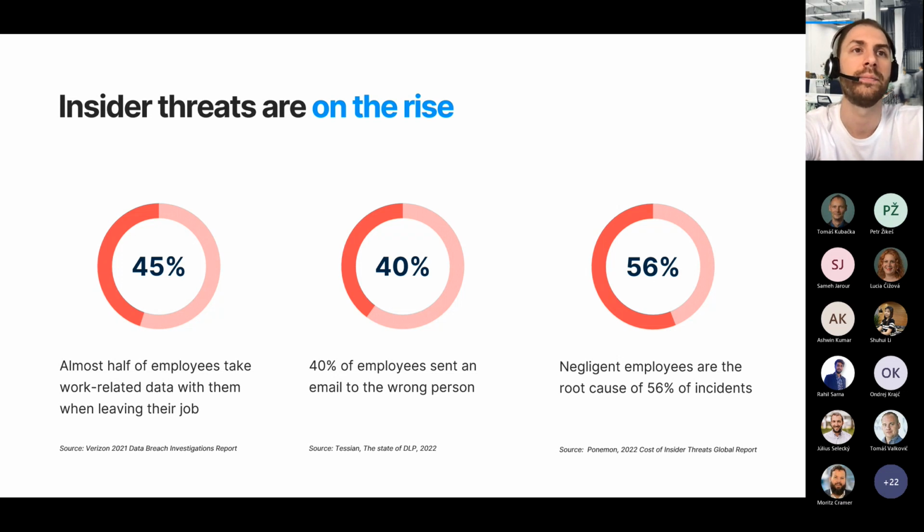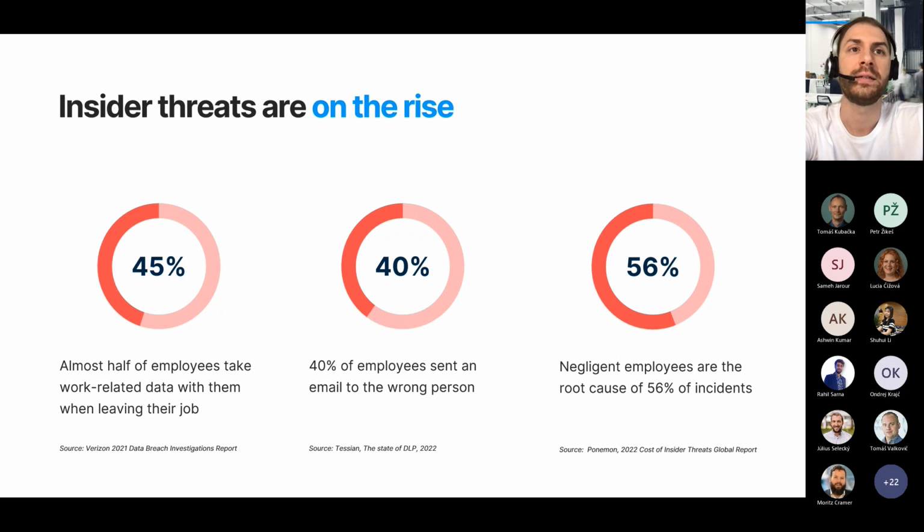Another study says that 40% of employees send an email to the wrong person, usually by mistake. A similar research says that people send unauthorized emails to the wrong person 38 times more often than IT leaders estimate.